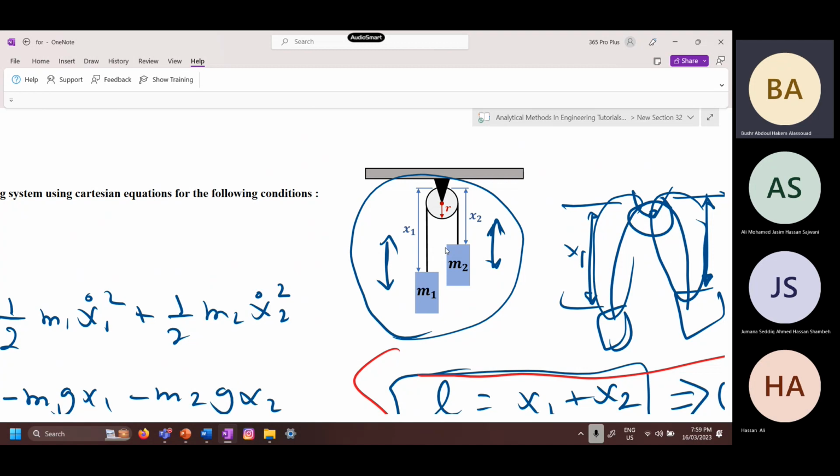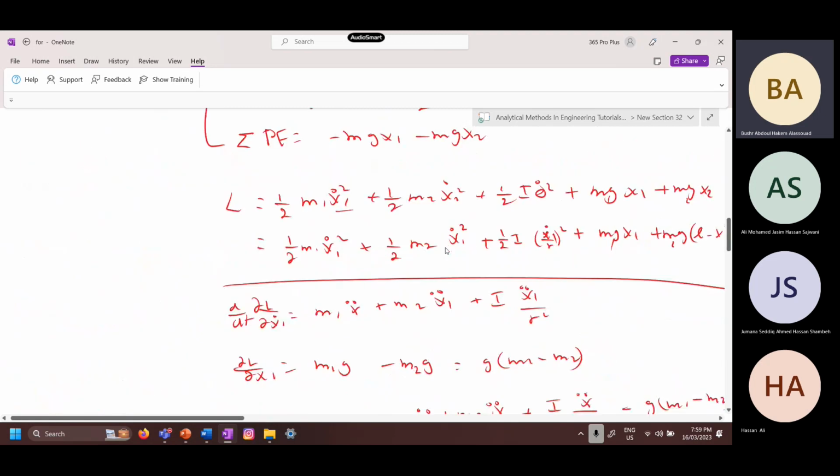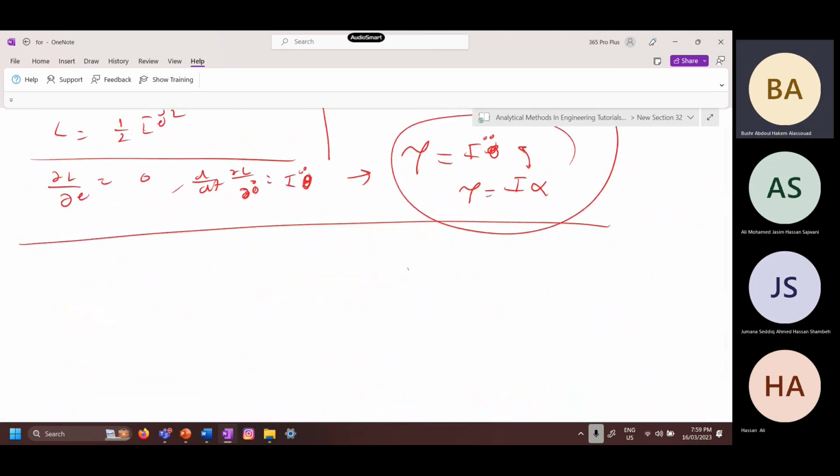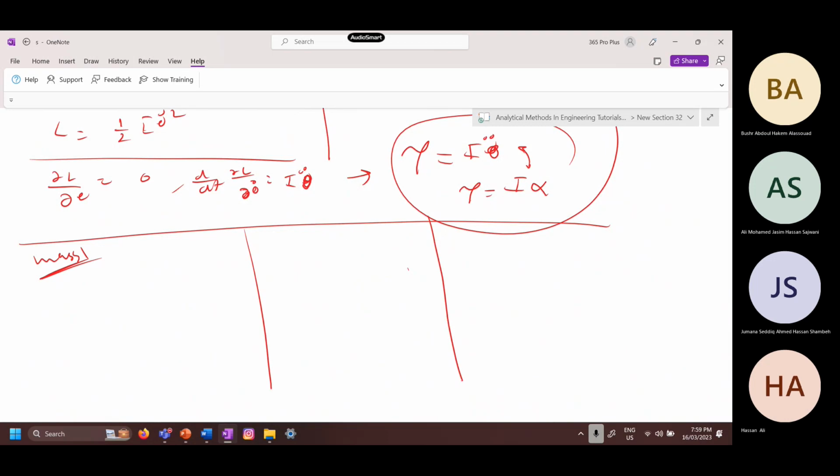So this means that you're going to have three systems. The first system is for mass 1, the second system for mass 2, the third system is for the pulley. So going to solve this. For mass 1, we have a kinetic energy half m1 x1 dot squared, potential energy negative m1 g x1.